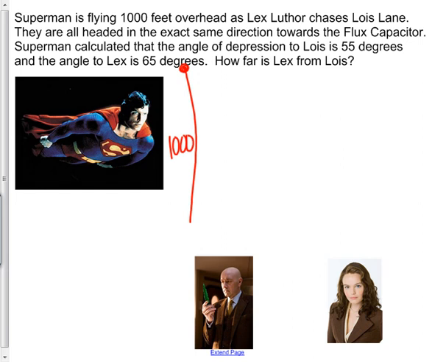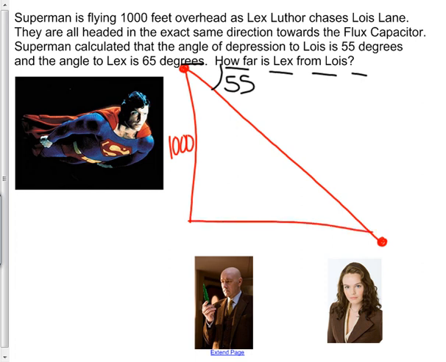So let's say Lois is right here. There's our triangle. When you do angle of depression, I think it's always helpful to look at the horizontal view, as if Superman was looking straight ahead. And the angle of depression is 55. So that's that angle, right? And what we're trying to find with Lois is this total distance.